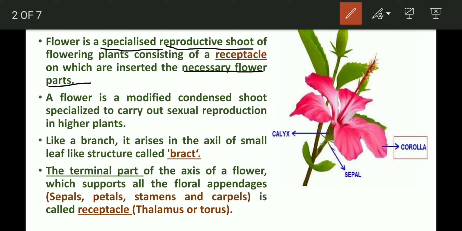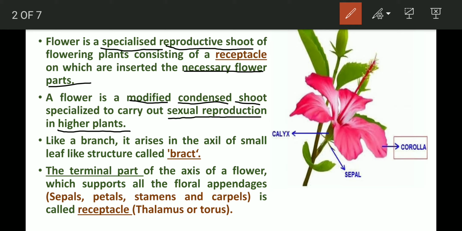What is a flower? A flower is a modified condensed shoot. Okay, that is a part of the shoot system. So flower is a modified condensed shoot, specialized to carry out sexual reproduction. It undergoes the sexual reproduction in higher plants. Flower is the mode of sexual reproduction in higher plants.